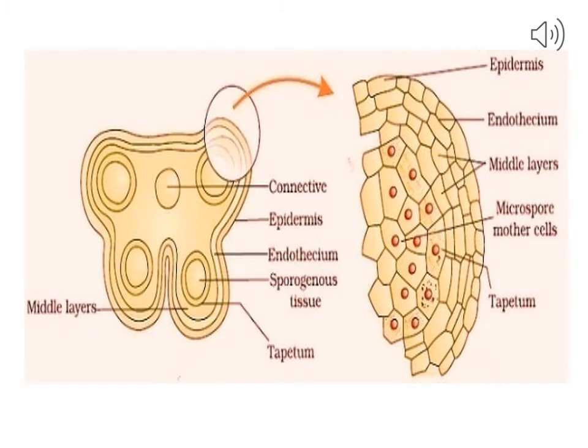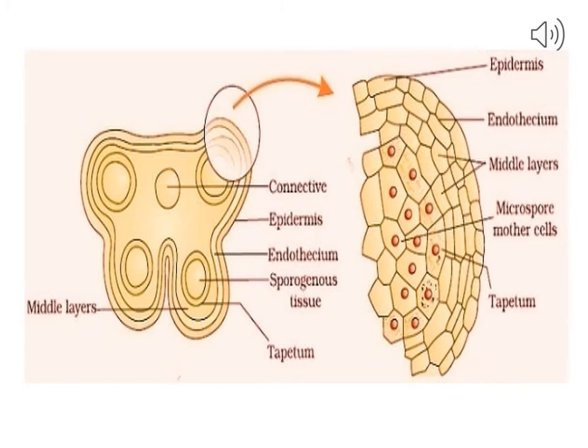You can see in this diagram that the layers are like this: the outermost layer is the epidermis, then the endothecium, the middle layers, and the innermost one, the tapetum. The epidermis is not labeled here; they labeled the endothecium. The endothecium helps in dehiscence of the anther. The tapetum helps in nourishing the pollen grains, and that is B. Inside that, the spore tetrads form, inner to the microspore mother cells.